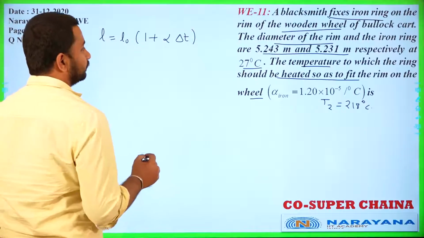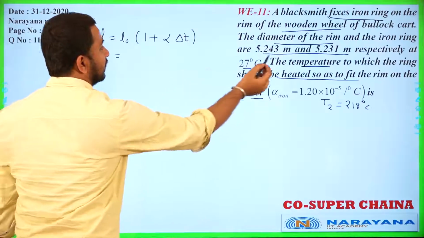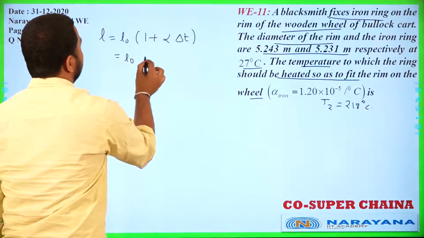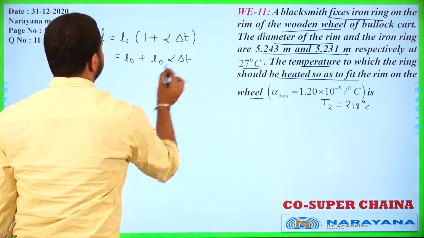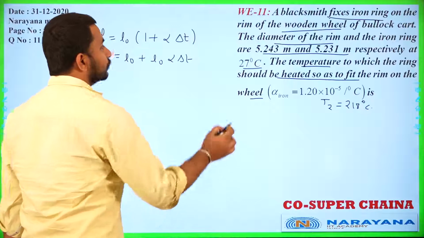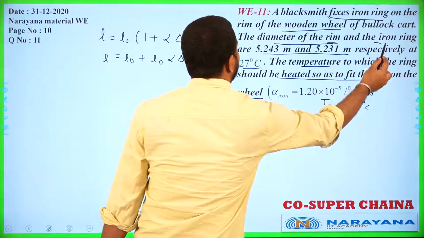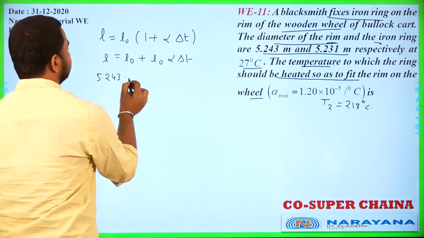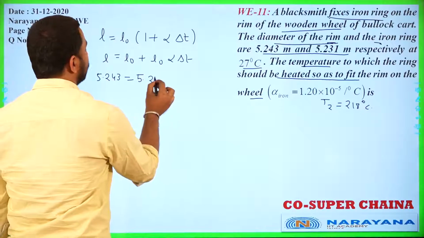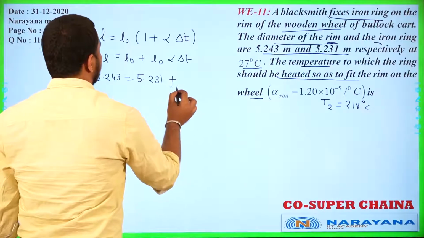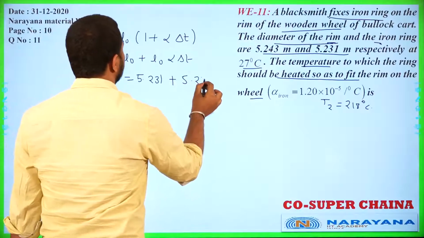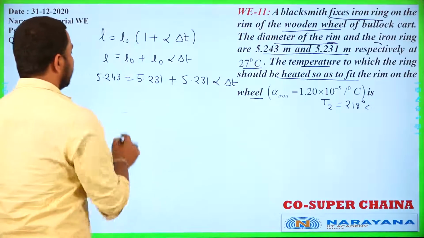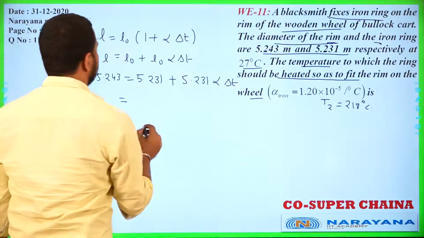So what we'll take here, the initial L is L naught plus L naught alpha delta theta, and this is my L. The diameters of the rim and the iron ring are given as 5.243 and 5.231 plus 5.231 alpha delta T. The alpha of iron is given, so just simplify it here.